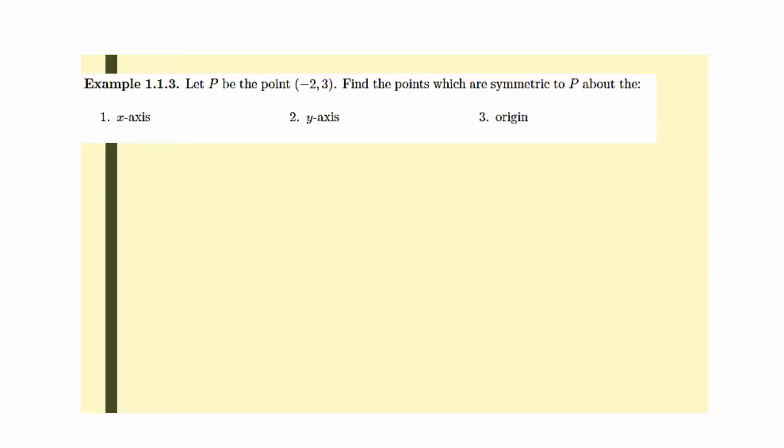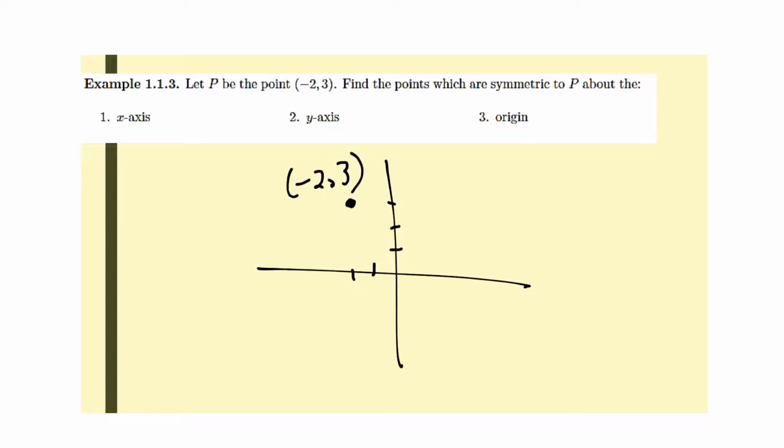So if we've got the point (negative 2, 3), that's point P, we want to find the point which is symmetric with respect to the x-axis. So it's going to go across, and wind up right there.